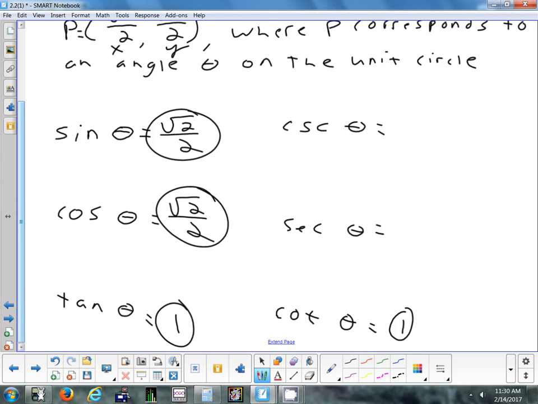Next, my cosecant. Graham, what would my cosecant be? And you don't have to fix it for the final answer. If you get a root in the bottom, that's okay. Just leave it. That's cotangent.